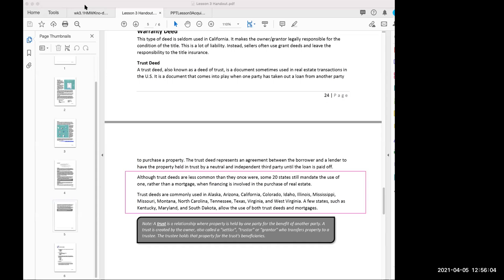A few states such as Kentucky, Maryland, and South Dakota allow the use of both trust deeds and mortgages. Okay, thank you so much.